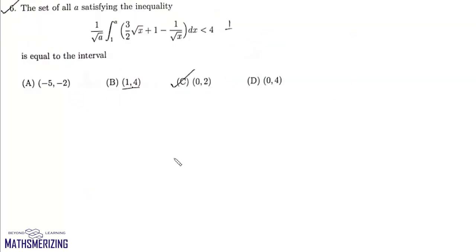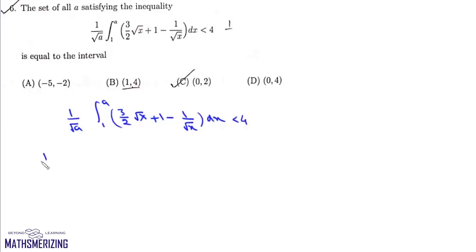Now the sixth question is, we need to find set of all A satisfying the inequality 1 upon under root A, and then this integral from 1 to A 3 by 2 under root x plus 1 minus 1 by under root x dx, and it is less than 4.